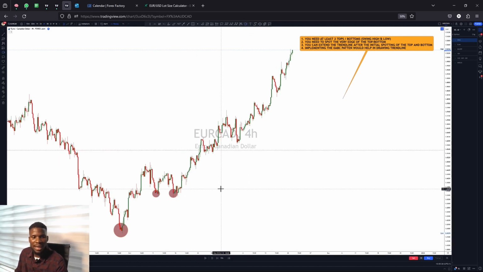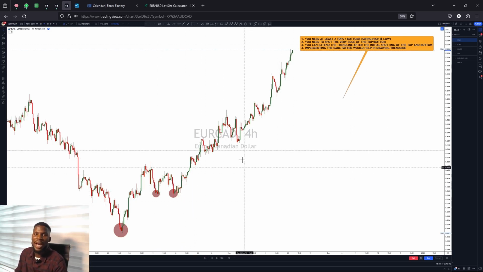Now a trend line can get really confusing when you have something like this, because you wouldn't know where to start drawing from, and where to pick your second top, or in this case second bottom, from.